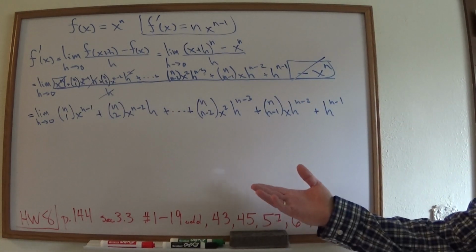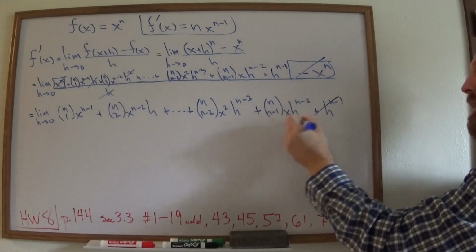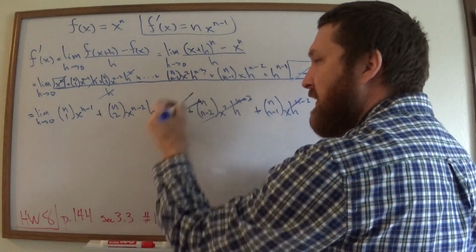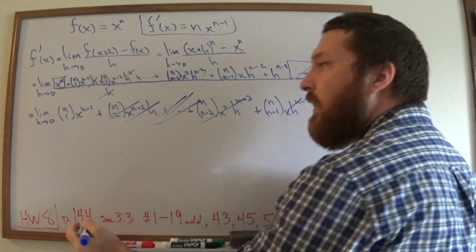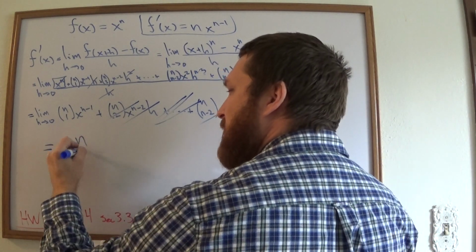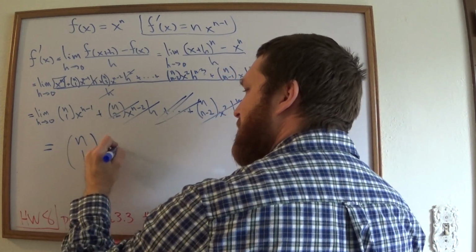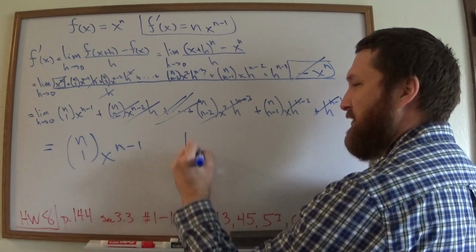Now can I plug in a 0 for h? And every single one of these goes to 0, and all I'm left with is n choose 1 x to the n minus 1, and let's just do it.